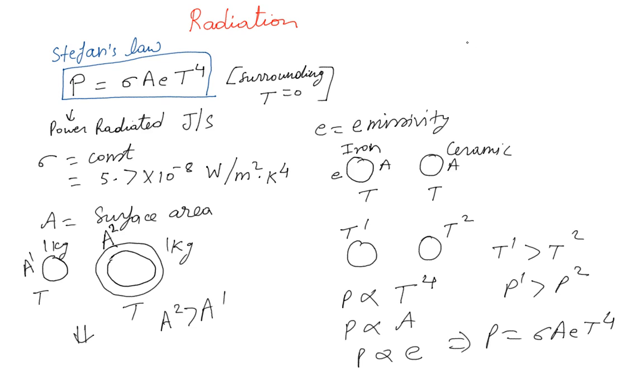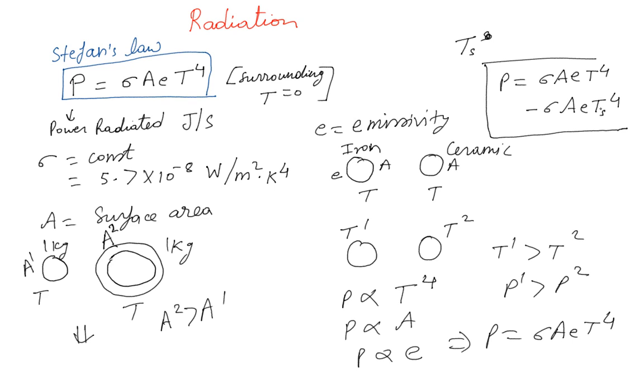If you have surroundings set at temperature Ts, in that case your P is going to be sigma A E T to the power 4, let's make this a subscript, minus sigma A E Ts to the power 4, because the first term is what is radiated by the object, and this is the radiation from the surrounding.